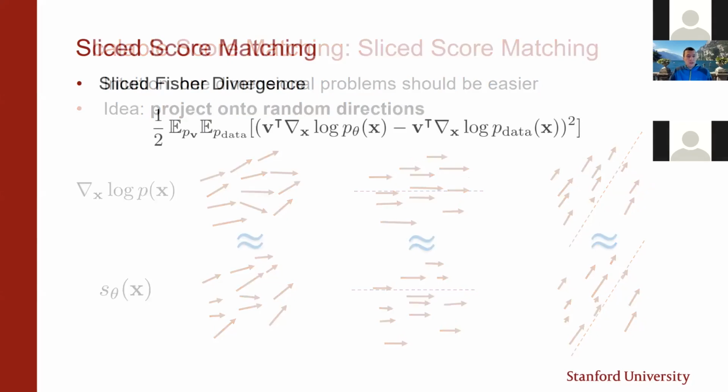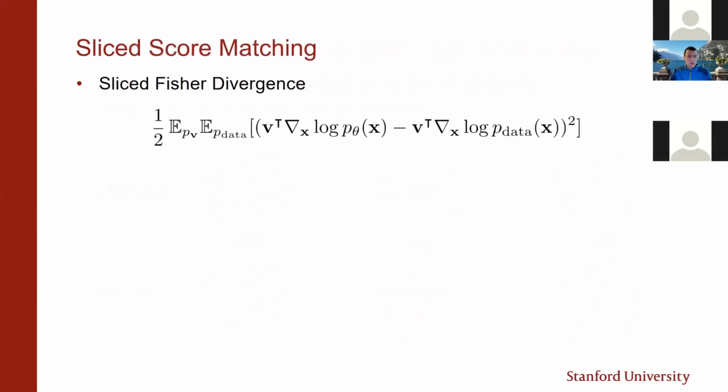So that's the intuition. Essentially, what it boils down to is a variant of the Fisher divergence objective that we saw before, where we again compute the L2 norm of the difference between the model and the true score, but before that we take a random projection with respect to some random direction V. And again, there is a term here that appears to be something we cannot evaluate because it depends on the true score.